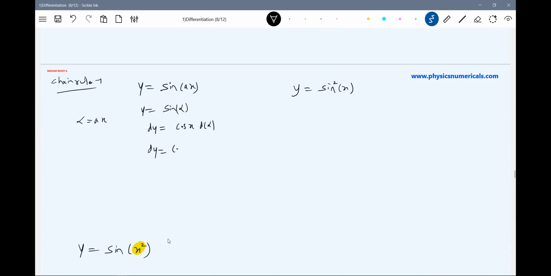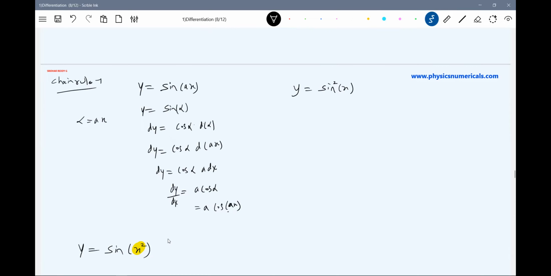Then dy equals cos alpha times the derivative of ax, which is a dx. So dy by dx equal to a cos alpha. Further, let me substitute the value of alpha, ax. Able to understand now?